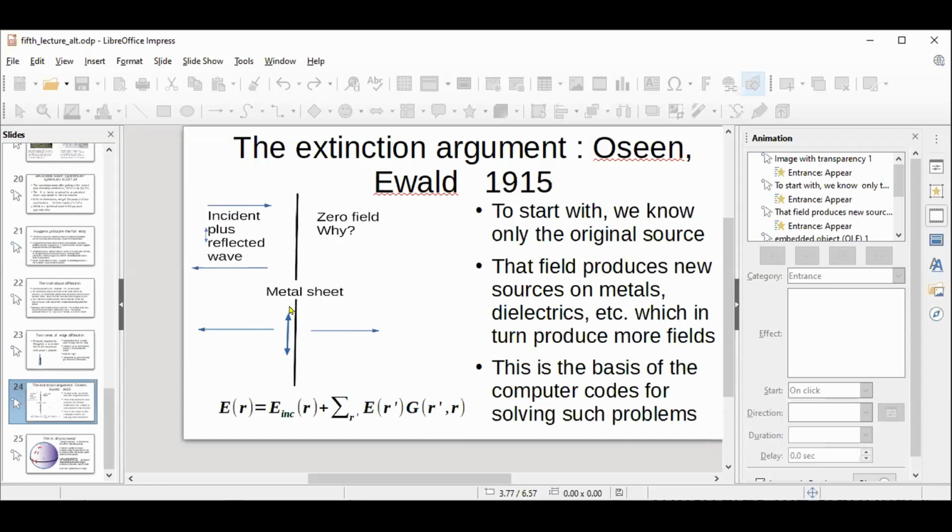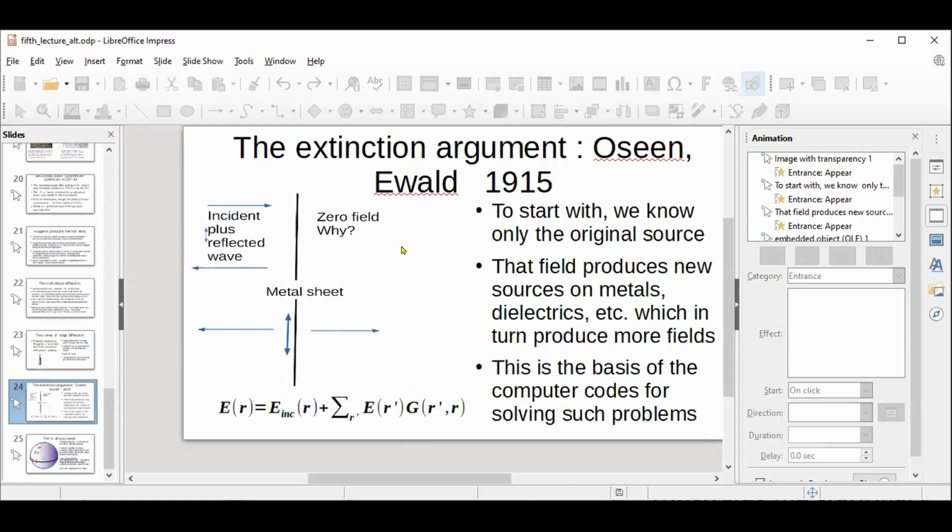Now that pi comes from a detailed calculation. There is a calculation of this object G of R R dash. It's there in the Feynman lectures, by the way. And actually it gets much better than that. Since you raised this question, suppose this is not a metal sheet. Suppose it is a sheet of glass, a dielectric. Then what Feynman proves is that the incident wave is still cancelled, and here you get a refracted wave.